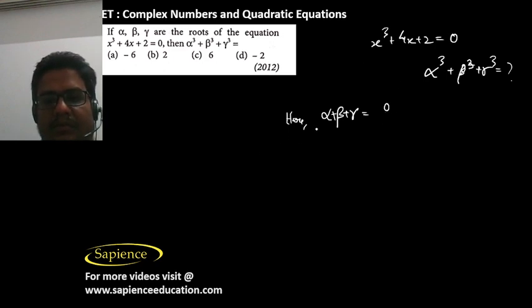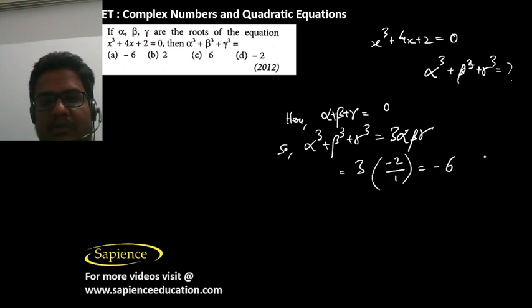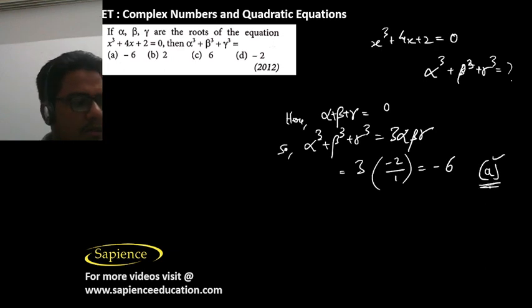So if alpha plus beta plus gamma is 0, we can say that alpha cube plus beta cube plus gamma cube is equal to 3 alpha beta gamma. So that will be equal to 3 into, alpha beta gamma is minus d by a, so minus 2 by 1, which is equal to minus 6. So option A is the correct answer.